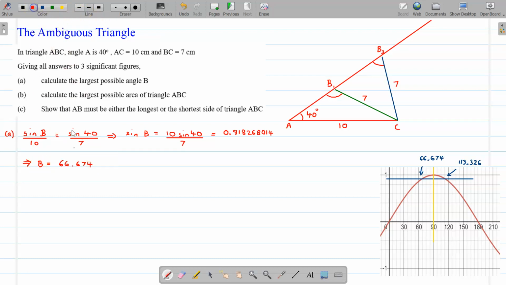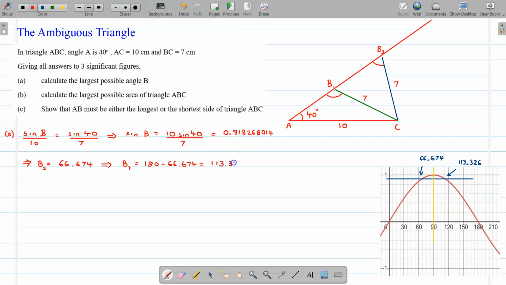B2 is the smaller angle, and B1 is 180 minus 66.674, as I've just worked out and written over here, 113.326.